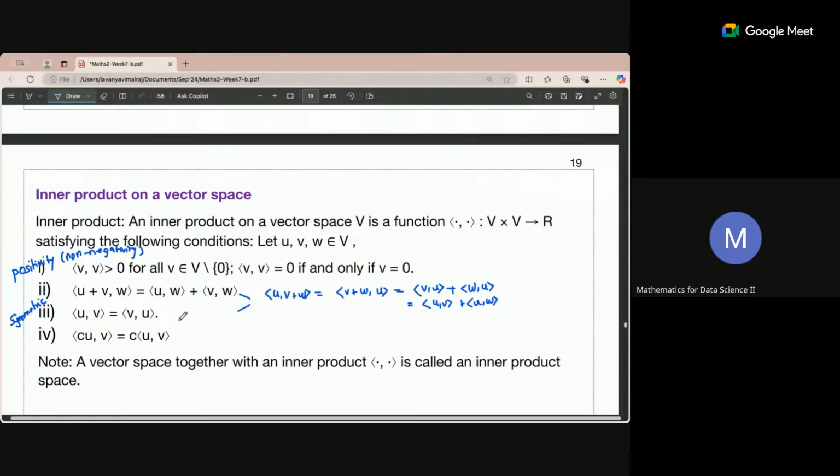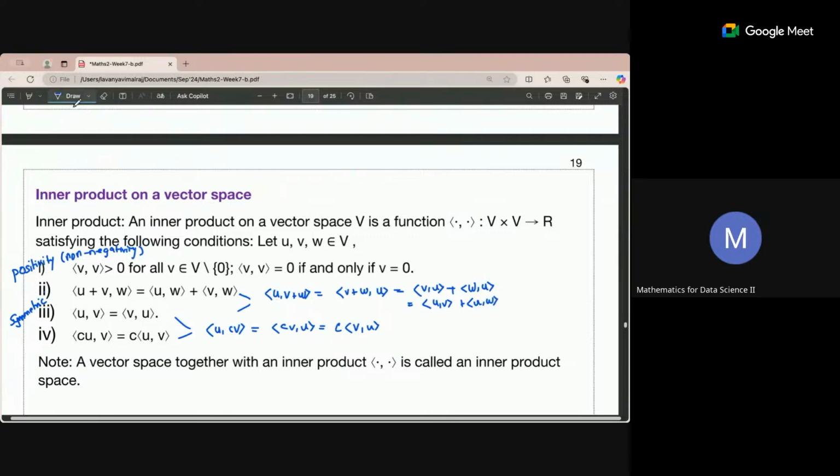The same you can see for the scalar: u comma cv, using property 3 it is cv comma u, and using property 4 again, it is c times v comma u, which is c times u comma v. So the linearity property holds for the first position as well as the second position.